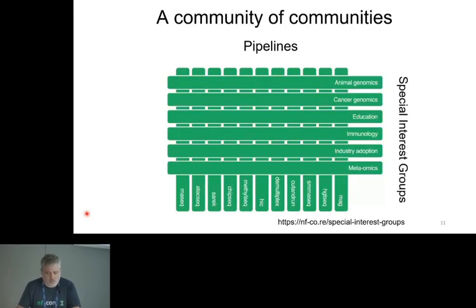But what we saw is that many people, in fact, were not using just one pipeline. They were using several pipelines. You can be using RNA-seq, ChIP-seq, ATAC-seq because, for instance, you are working in a given animal species, or because your research focus is whatever. So that's why we came up with the idea of the special interest group.